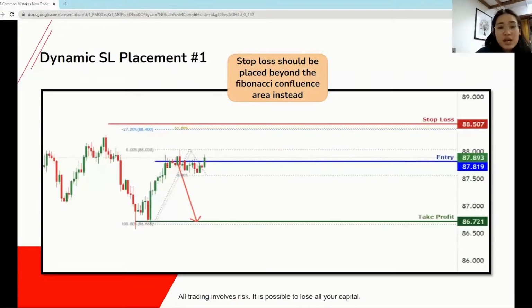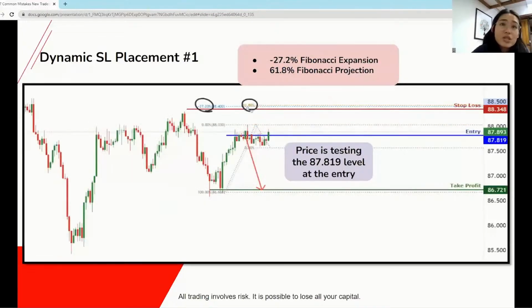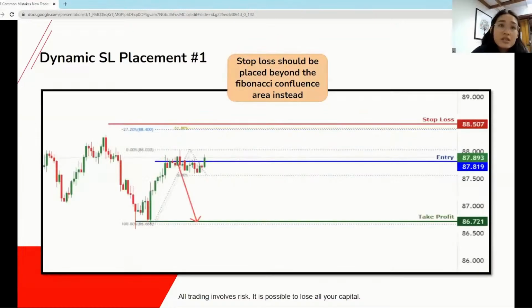So instead of putting our stop loss exactly at the Fibonacci confluence area, we want to move it to beyond it instead, and we'll show you why in the next slide. So you can compare the two. Here we have the stop loss under it, whereas here we want it to be beyond or above.